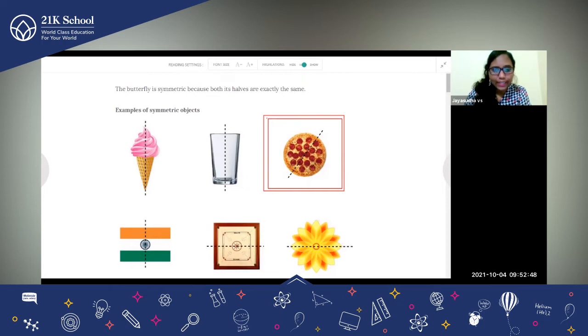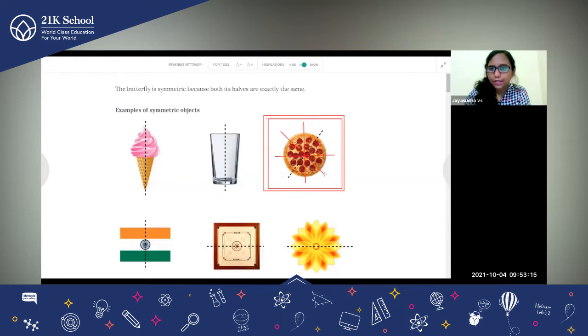This time I would like to ask Kester. Ma'am, 3 lines of symmetry. Only 3, is it? Okay, look at this. If you cut the pizza in this way, and what about this?